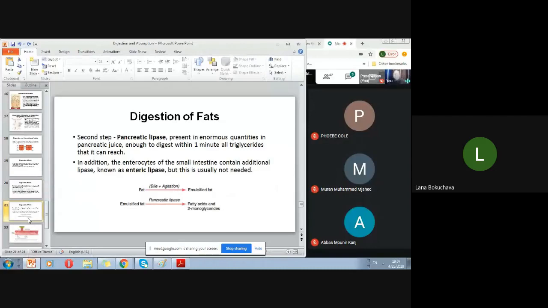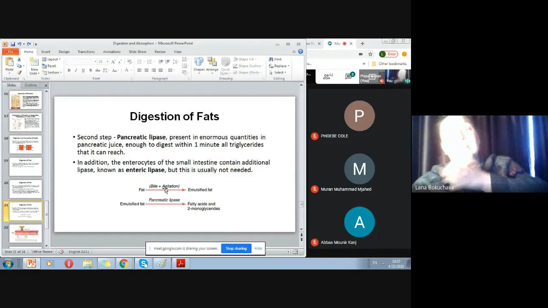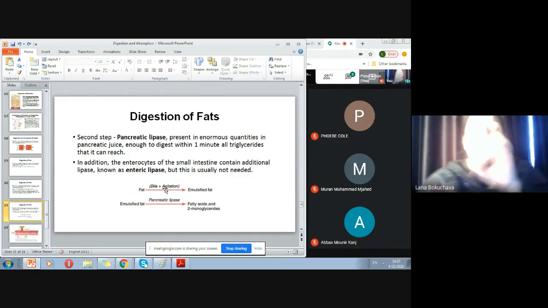So as a result here, again coming back, you do have a part of the nice diagram from the Guyton where you do have the fat emulsification, and as a result, it doesn't mean that it's already digested. No, it's just increasing the surface area. And here comes the enzyme, which is the pancreatic lipase, as you can see.